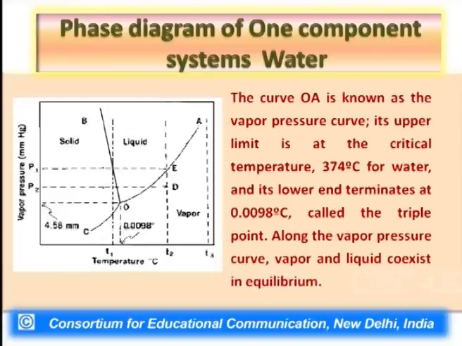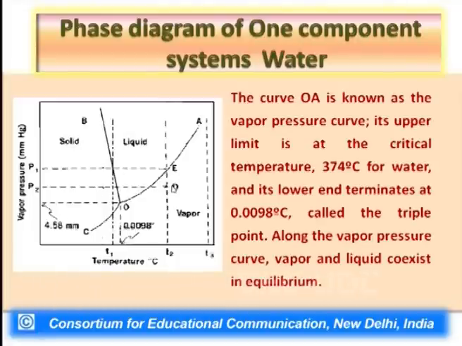The critical temperature and critical pressure represent the temperature and pressure values above which you cannot distinguish between liquid and vapor phase. The distinction between the two is lost. Why is it so? I would like to state that the critical temperature for water is 374 degrees Celsius.